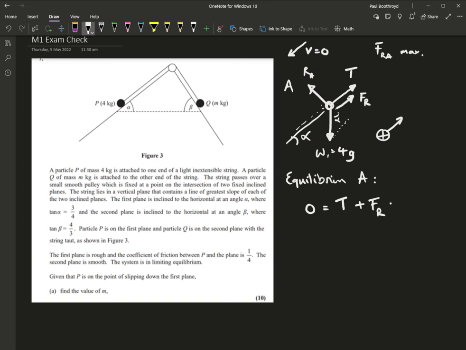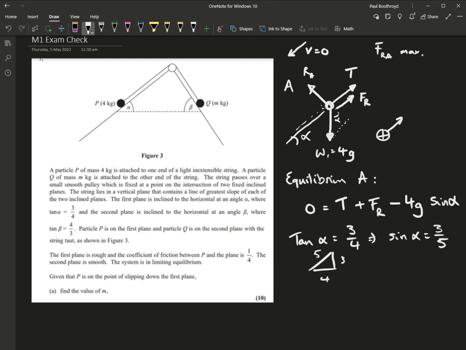So what we've got pulling us back is 4G sine alpha. We're told tan alpha equals 3 over 4, which tells me sine alpha is 3 over 5. That's by the 3, 4, 5 triangle, which you keep forgetting.